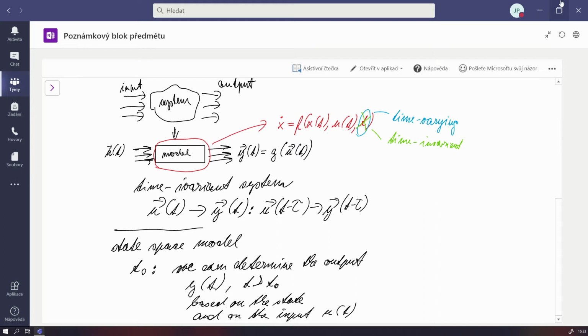So as I announced at the beginning, we will be dealing with supervisor design.